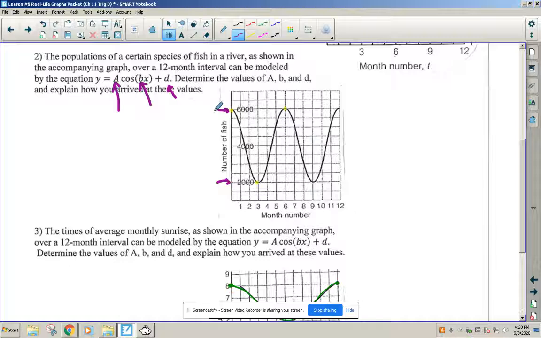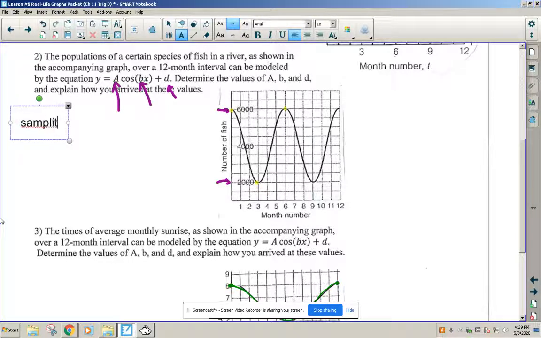And if my range is going from 2,000 to 6,000, I would find my amplitude by taking the 6,000 and I would minus the 2,000, and that would give me a range of 4,000.